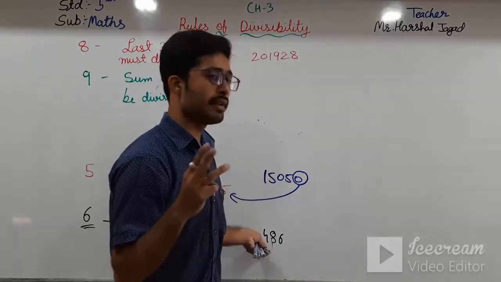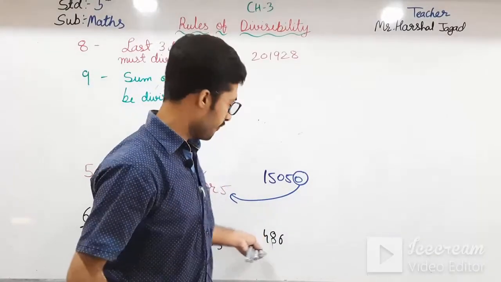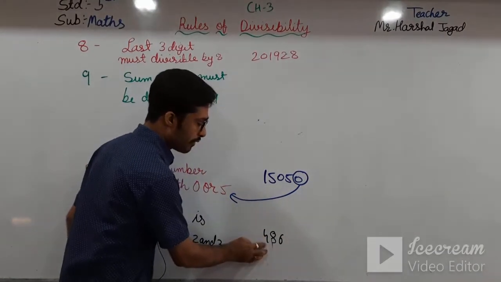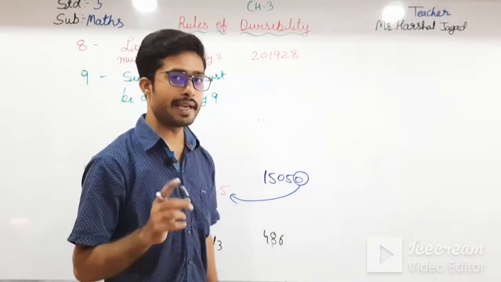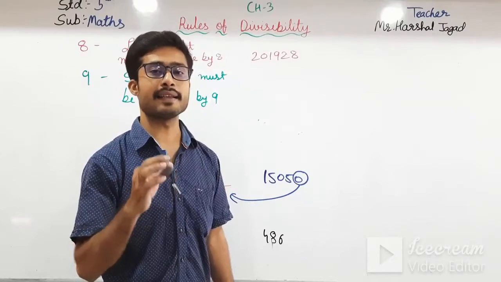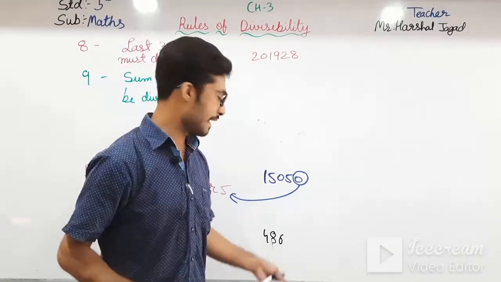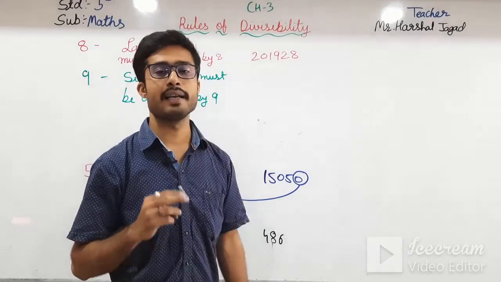In 3, we totalled the digits: 4 plus 8 plus 6, that is 12, plus 6 is 18. Then that 18 is divisible by 3, so that number is also divisible by 3.